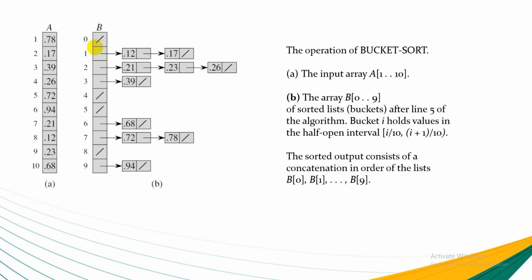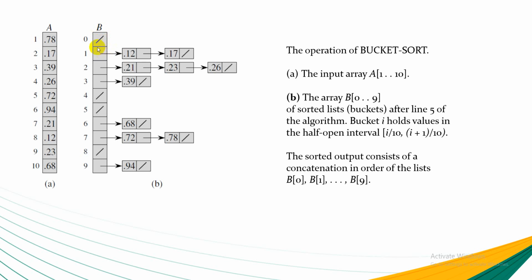The first element of B is a linked list that contains all the elements from 0 to 0.1, but 0.1 not included.